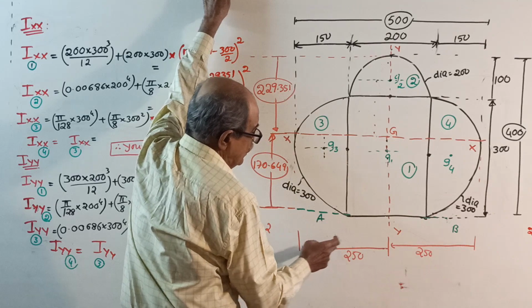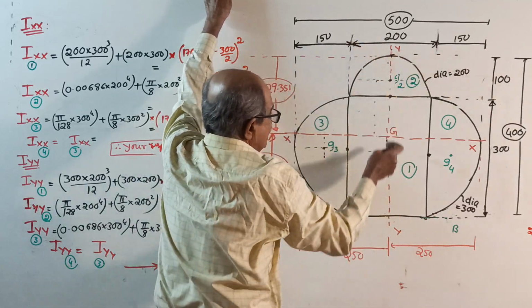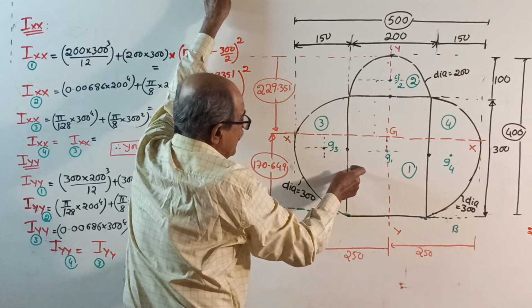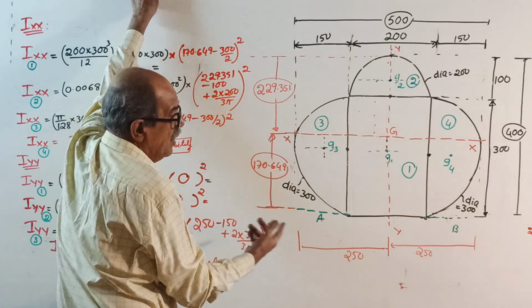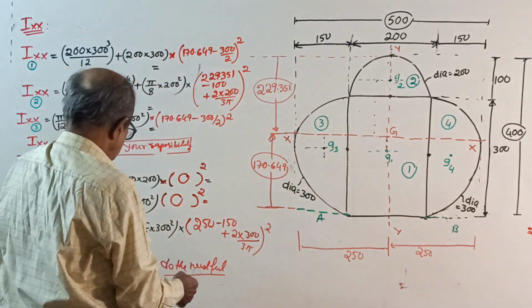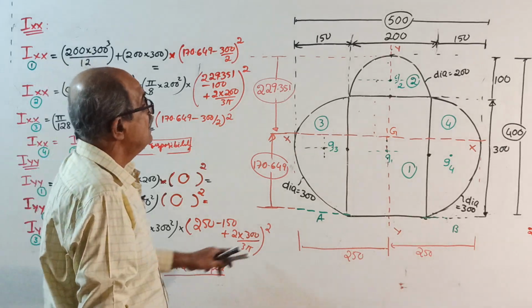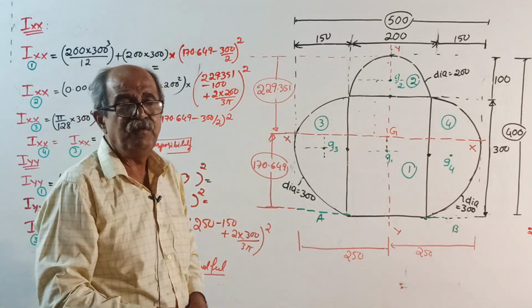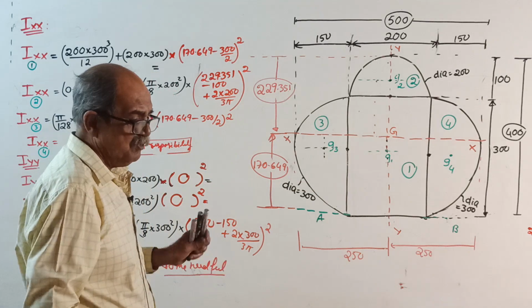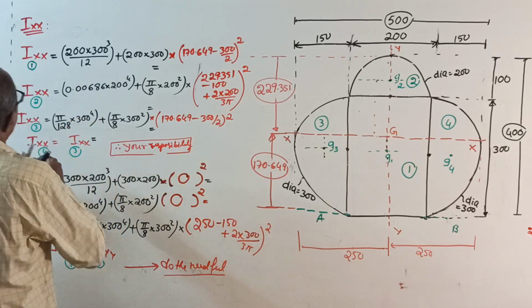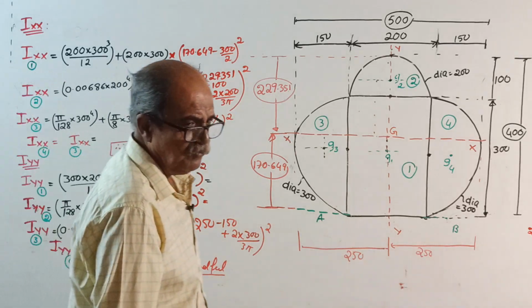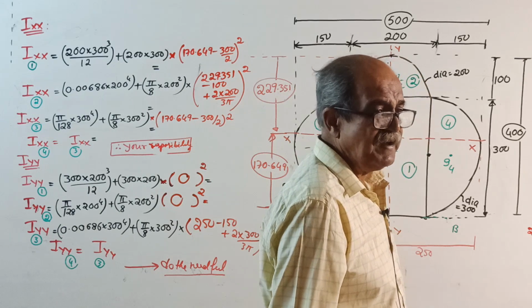If this is 200, this is 100. 100 plus 2d by 3 pi will also do. 250 minus 150 will give you 100 once again. Now, IYY for 4 is the same as IYY for 3. Therefore, do the needful. This is question number 66.